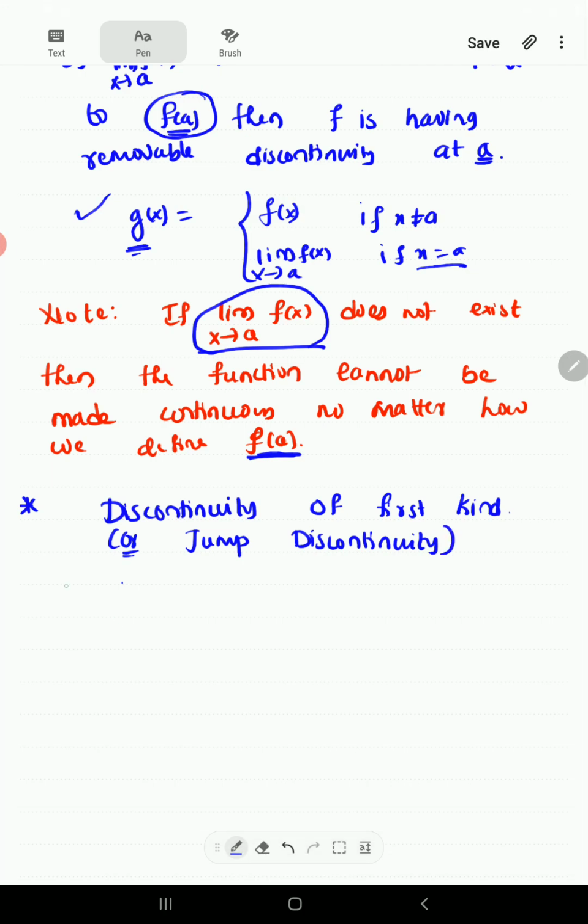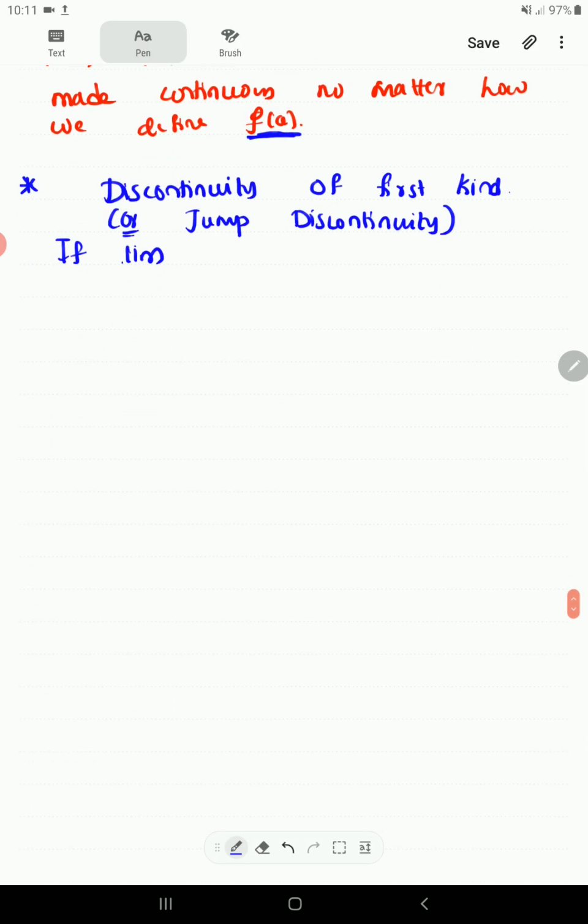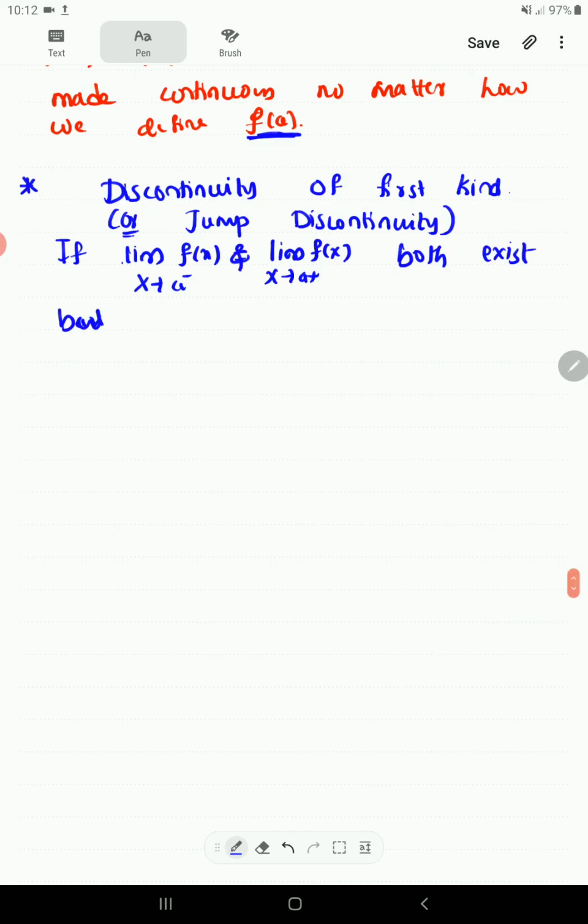Here, if the limit of f of x as x tends to a minus, that is the left hand limit, and the right hand limit of f of x as x tends to a plus, both exist. Left hand limit exists, right hand limit exists, but they are unequal.